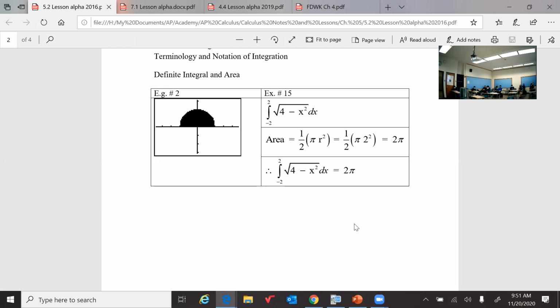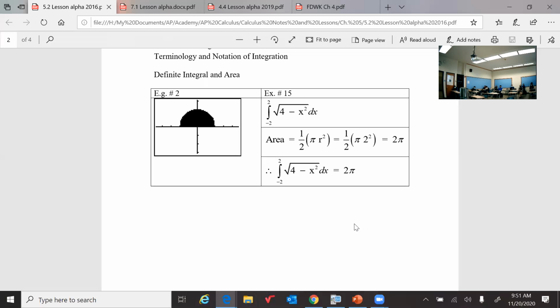We take the square root of both sides and we get y equals two branches. Except we're not dealing with the negative branch because that's below the x-axis. So we just have that. That's the height of those rectangles. And how wide are they? dx.